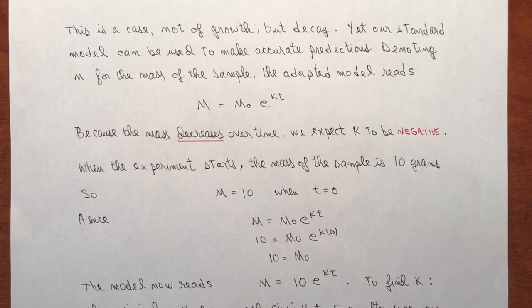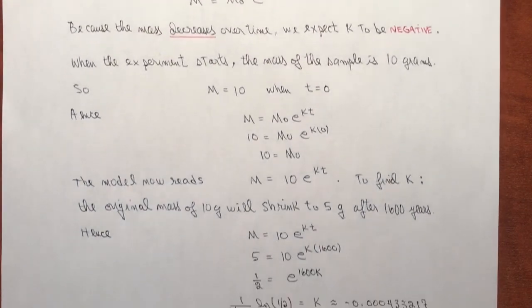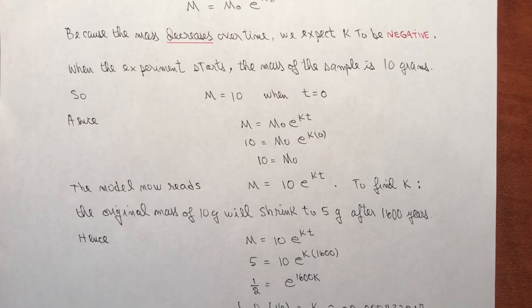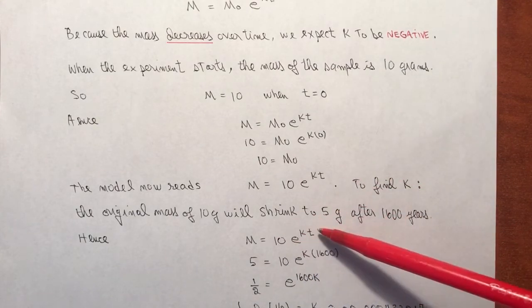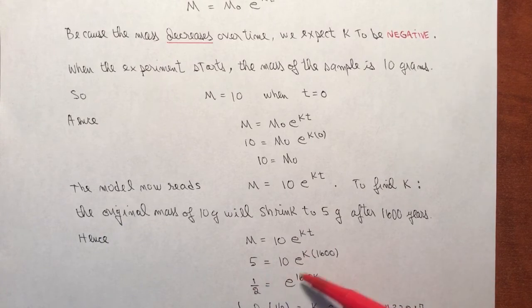To find k, let us make use of the fact that we know the half-life of this element. The original mass of 10 grams will become half of what it was, so 5 grams, after 1600 years. That's the definition of the half-life. So m equals 10 e to the kt becomes 5 equals 10 e to the k times 1600.